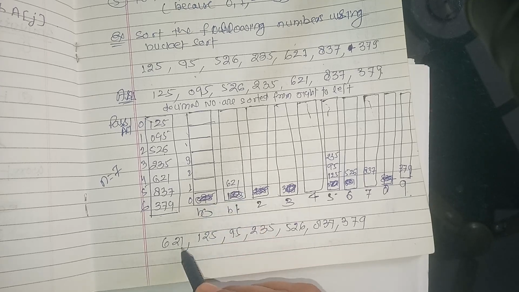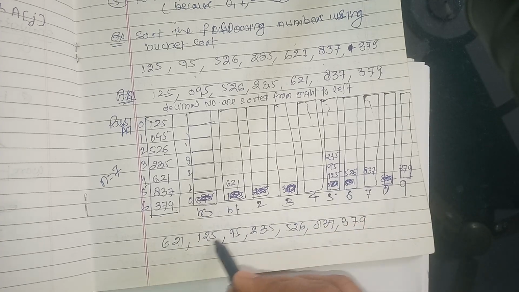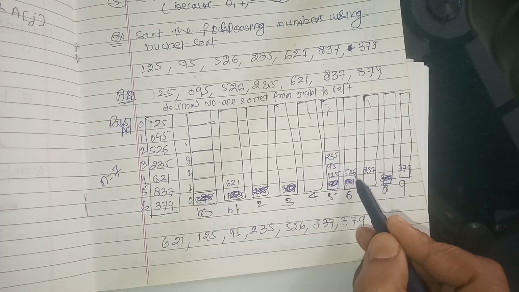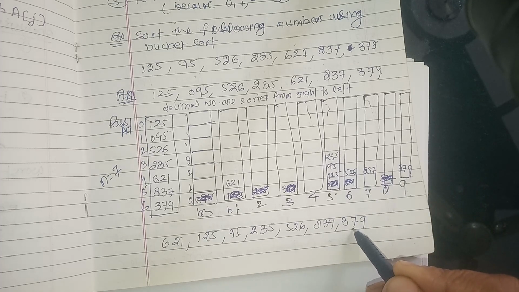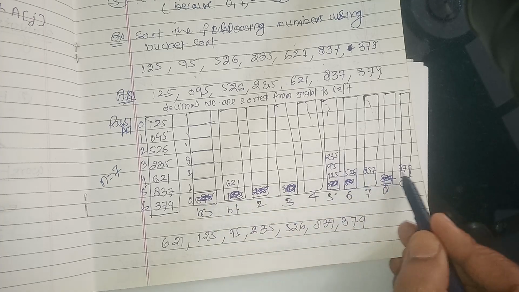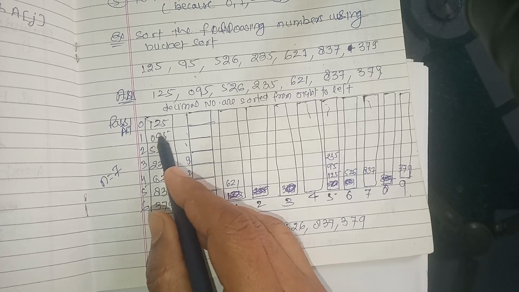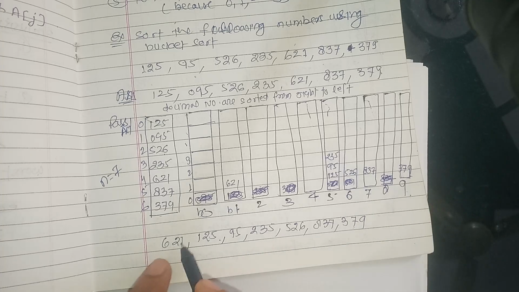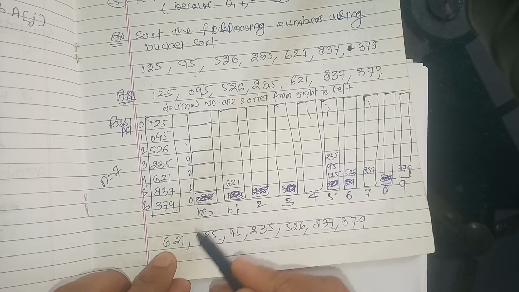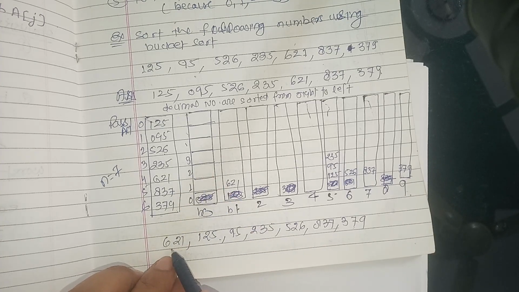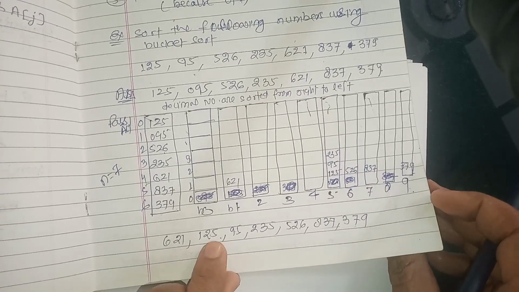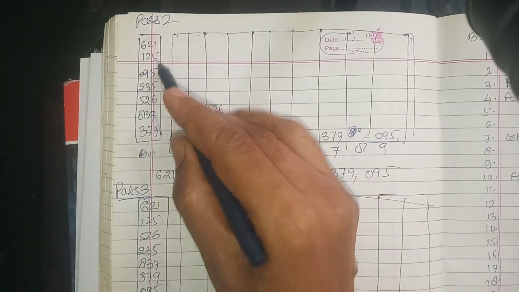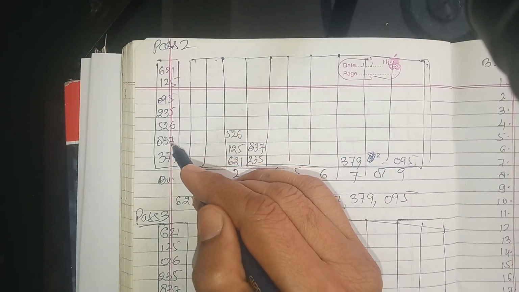That is, 621 came first, then 125, 95, 235, 526, then 837 and 379. While scanning these buckets, you have to update the input array. So the array will be updated: 621, 125, 95, 235, 526. So this is done.